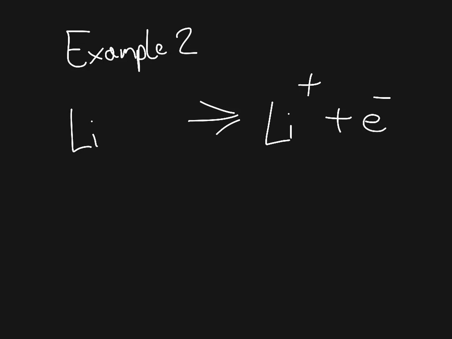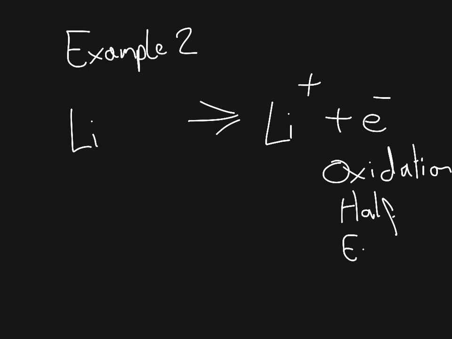Lithium metal has a 0 charge, the lithium ion has a +1 charge, and the electron gives a -1 charge. So the total charge of the right-hand side is 0. Because the electron is on the right-hand side, this half reaction is an oxidation half reaction, or half equation.